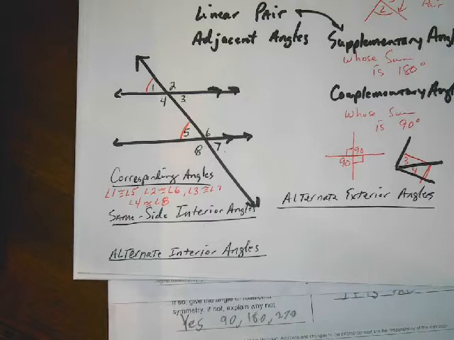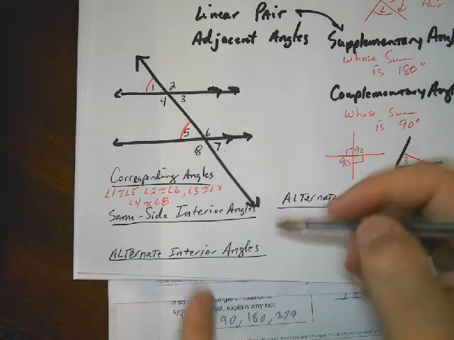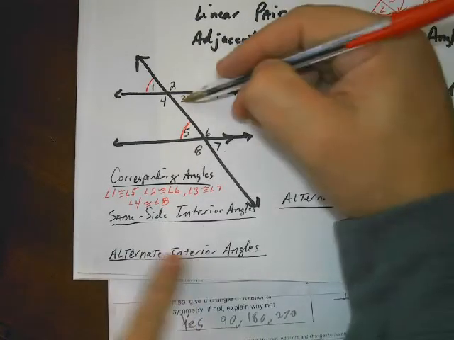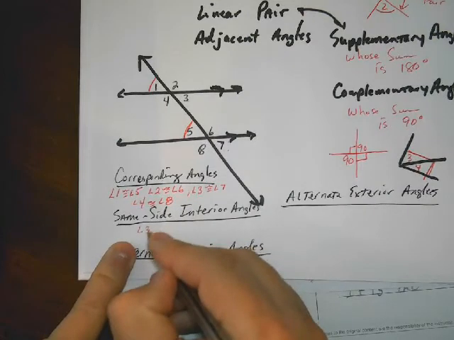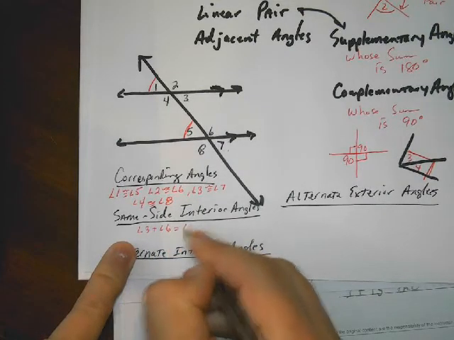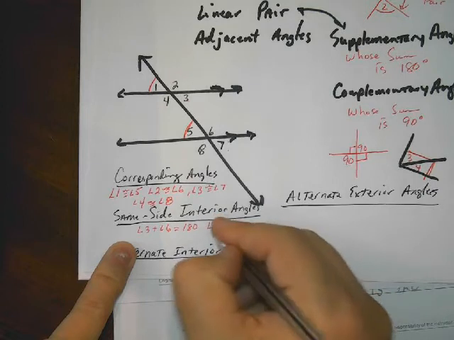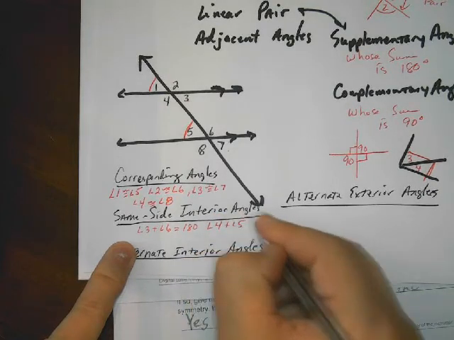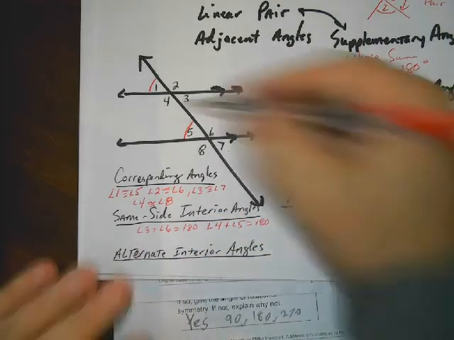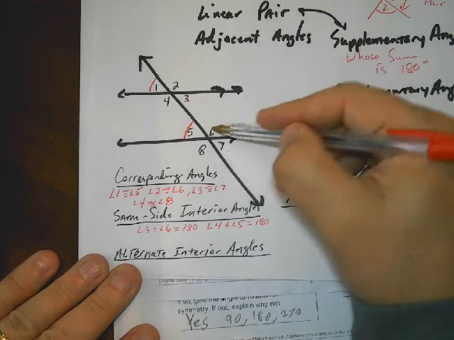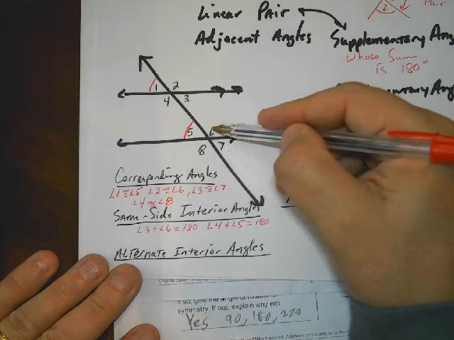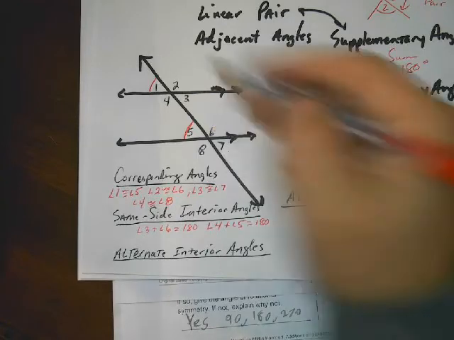Okay? Same side interior angles, we know that they are supplementary. So angle 3 plus angle 6 is equal to 180. Angle 4 plus angle 5 is equal to 180. That's 4 and 5, 3 and 6. They're on the same side of the transversal. Remember, that's what this is called.